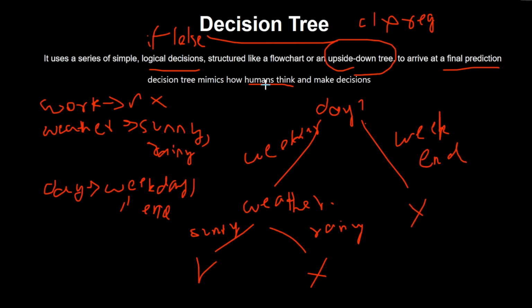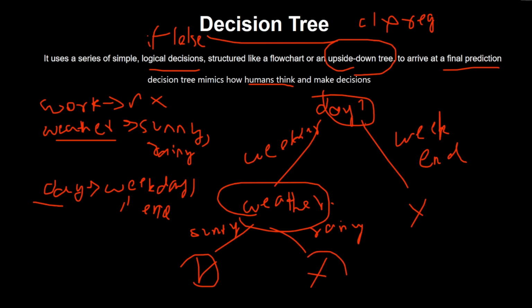Here we can see that we logically built a simple decision tree based on the data which we have, and on each node of the tree we ask a question about a feature, like if the weather is sunny or rainy, or about the day, if it's a weekday or weekend, and finally we achieve the output.